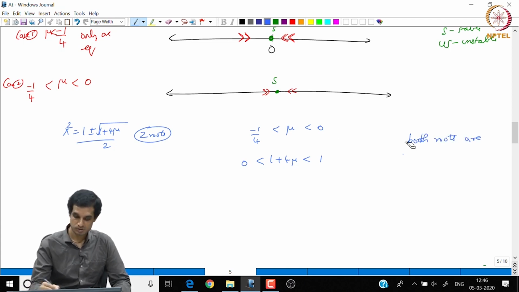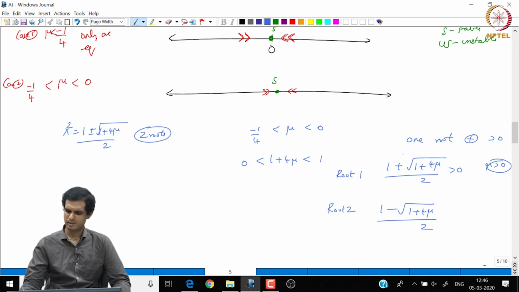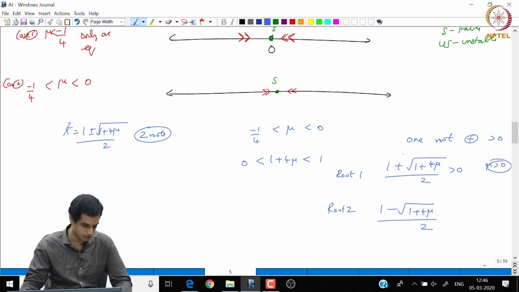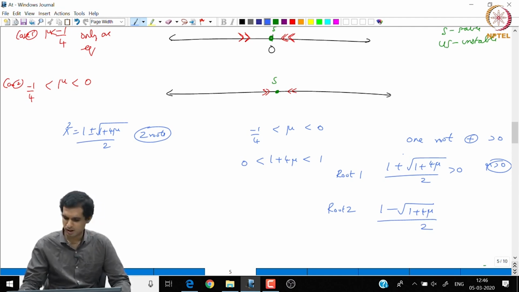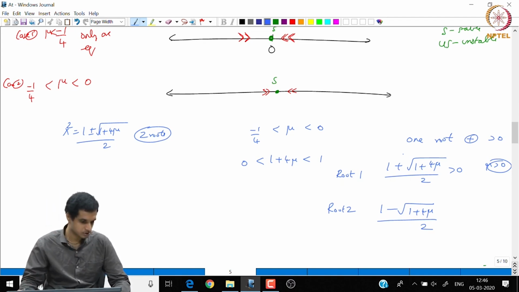If you compare both the roots, one root, the plus one, is positive, because 1 plus root of 1 plus 4 mu, by 2, is positive. And if you look at root 2, which is 1 minus the root, what happens to this root?